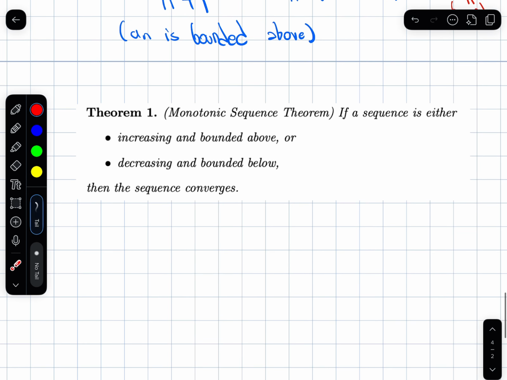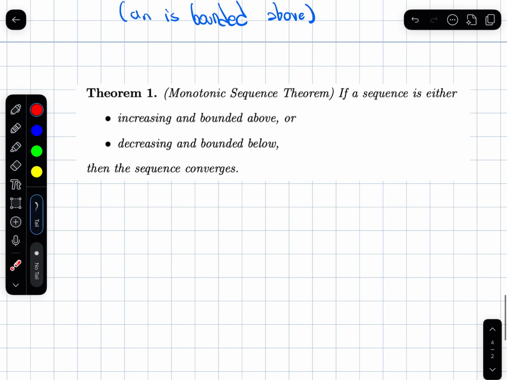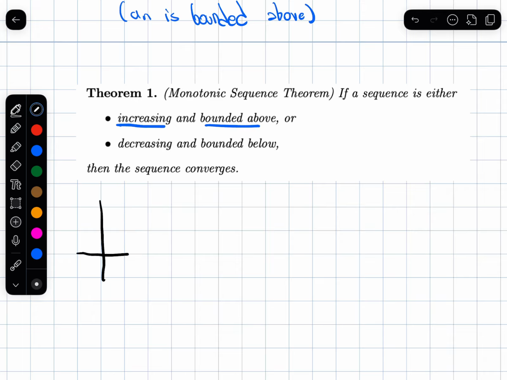One last thing I want to mention, which I think is very interesting, is what's called the monotonic sequence theorem. Whenever you have a sequence that's increasing and bounded above, again, graph this to understand the idea. Imagine you have your sequence, A1, A2, A3.